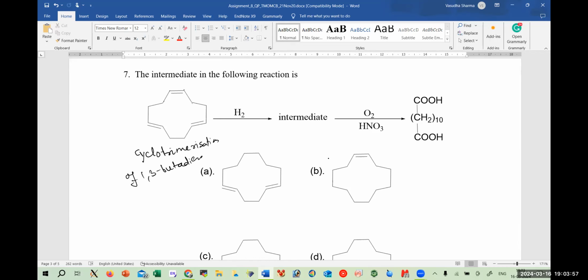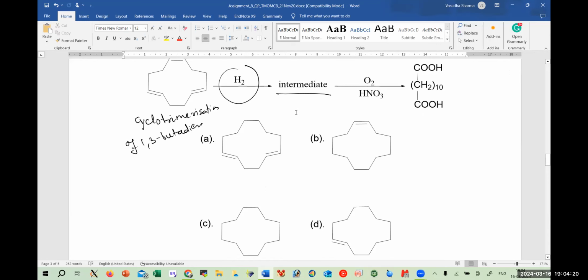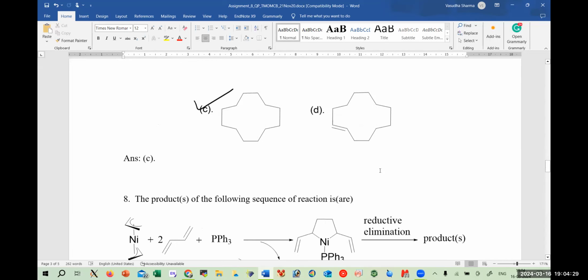This kind of reaction happens in the presence of a Ziegler-Natta catalyst, and it has industrial application. In the presence of hydrogen, it gives a hydrogenated product, which on oxidation with HNO3 makes a carboxylic acid. This is only possible in the presence of hydrogen, where all the double bonds get reduced to single bonds. So the only option that can give this kind of open-chain acid group is C.